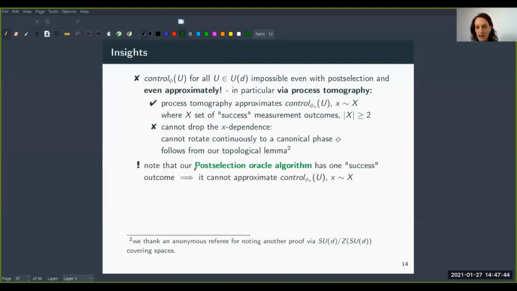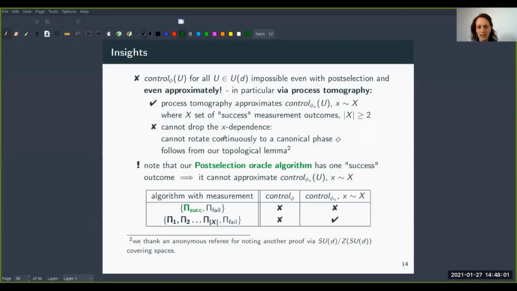And note that our post-selection oracle algorithm model cannot do this because it has only one success outcome. So the x parameterized problem is the same as the x independent problem, which is impossible.